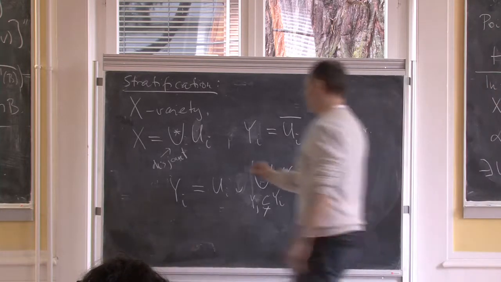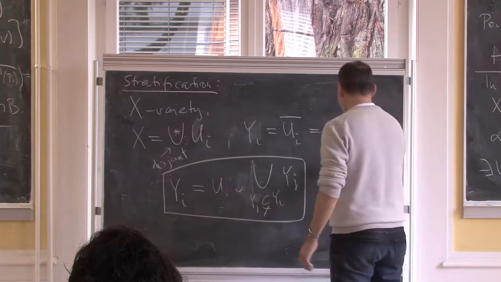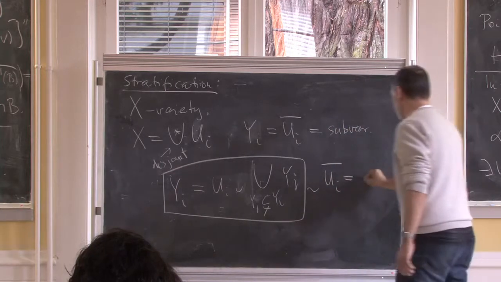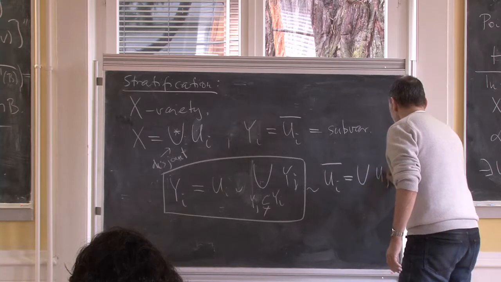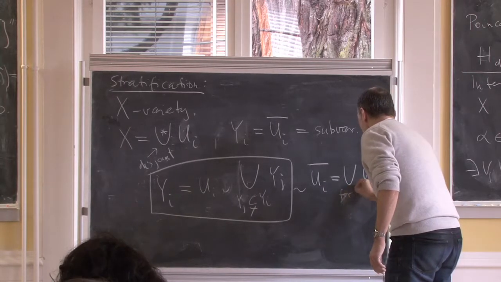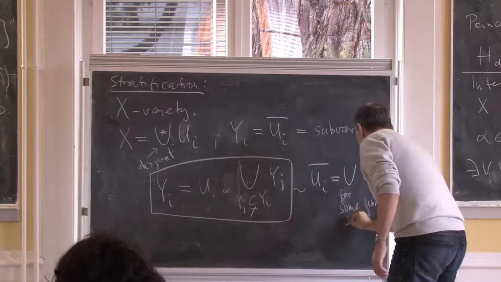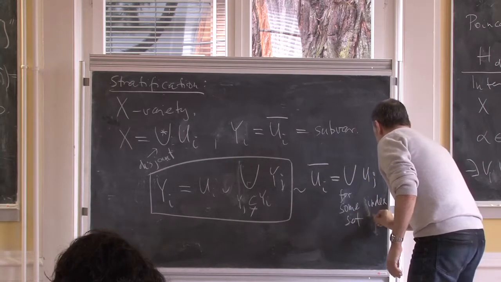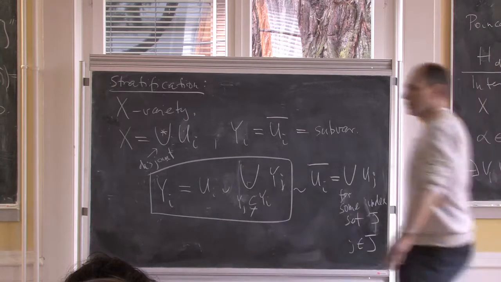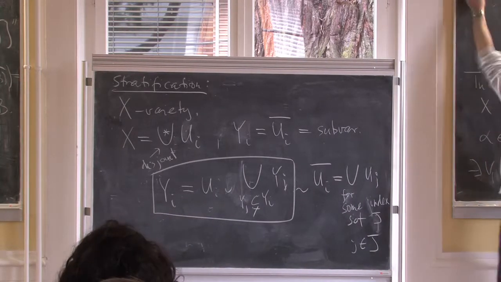Or another equivalent condition is that if I take U_i and close it, then this will be a union of some U_j for some index set J. Okay, so I'll explain in a second what this means, what we allow and what we don't allow.